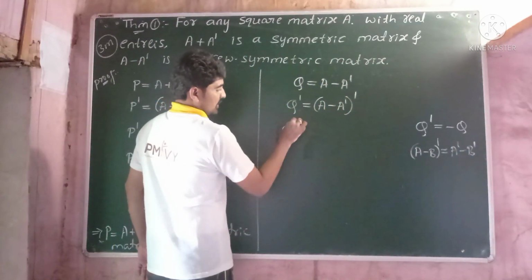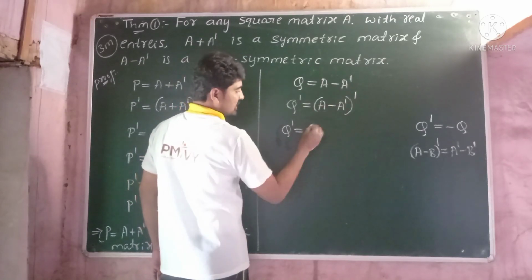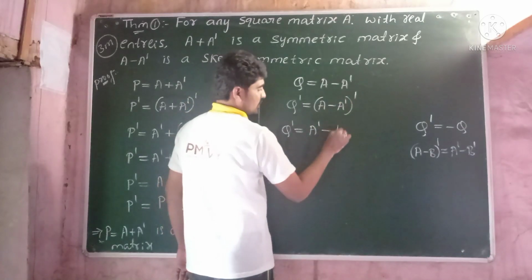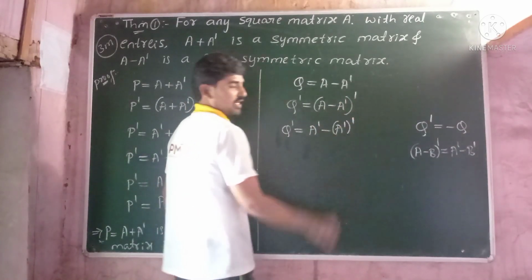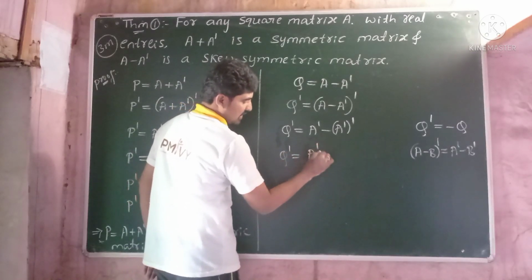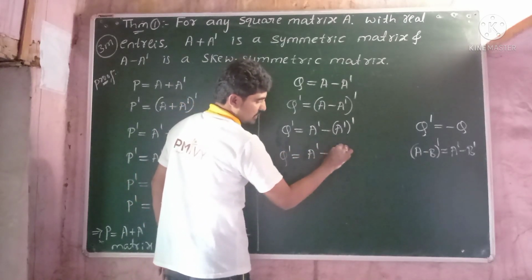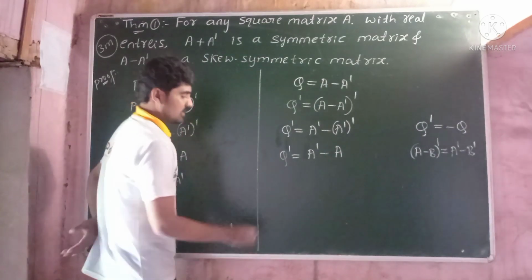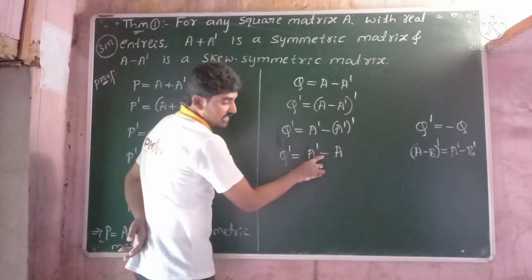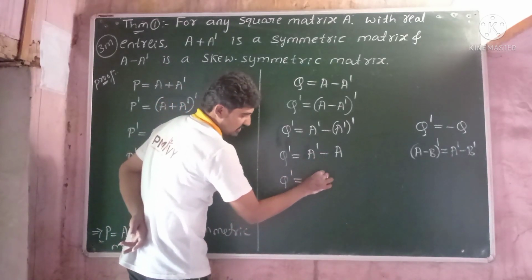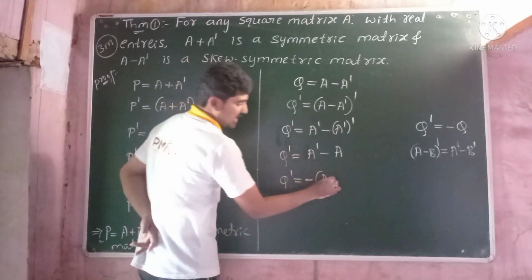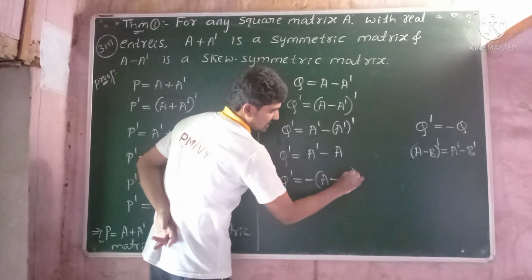Therefore, Q dash is equals to A dash minus B dash, where B is another A dash, so A dash whole dash. Therefore, Q dash is equals to A dash minus A dash whole dash, which is equals to A. Hence, Q dash is equals to, if I take minus as common here, minus of minus A becomes plus A, and A dash becomes minus A dash.